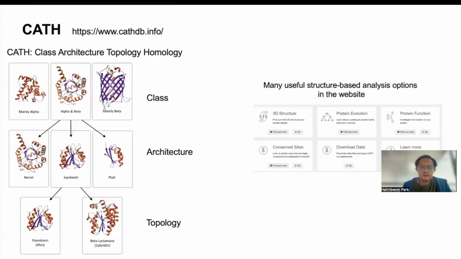It's a hierarchical classification logic where the biggest group starts with class, followed by architecture, and even more detailed, topology and homology. Class defines what the general secondary structures are, as shown here. The architecture deals with their numbers and orientations, and topology deals with the actual detailed shape.